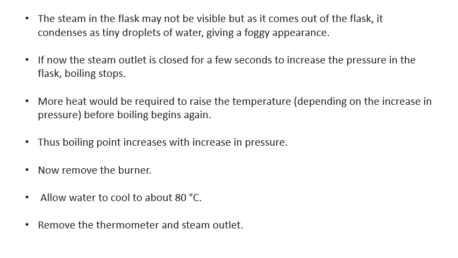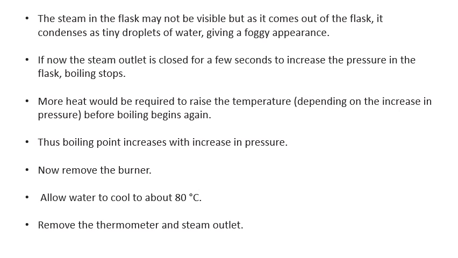If now the steam outlet is closed for a few seconds to increase the pressure in the flask, boiling stops. More heat would be required to raise the temperature, depending upon the increase in pressure, before boiling begins again. Thus, boiling point increases with increase in pressure.